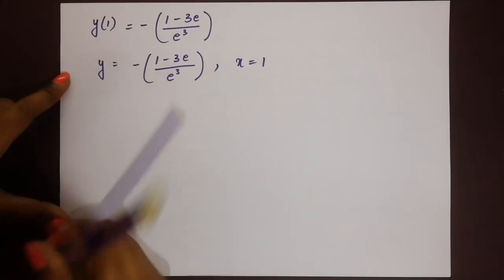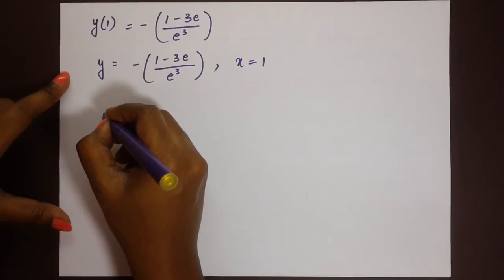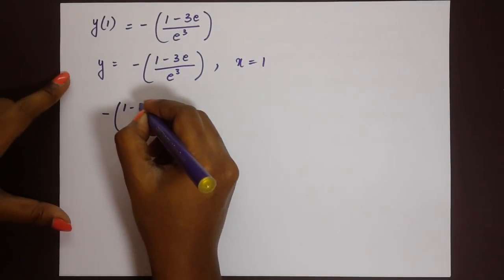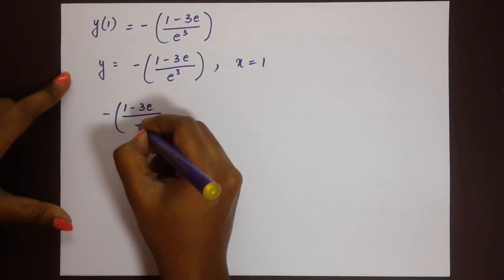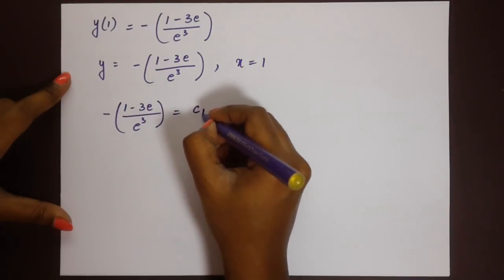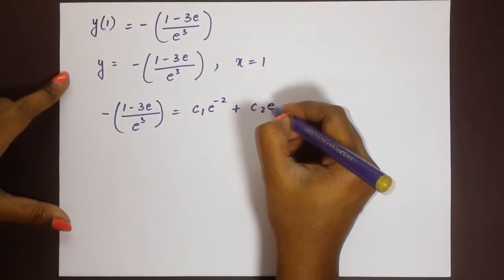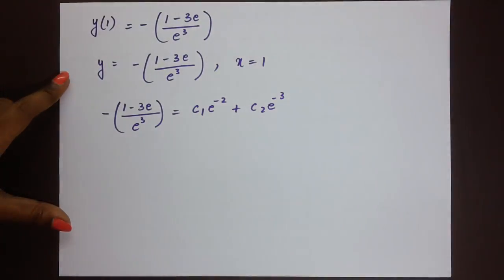Now if you substitute both these values into the general solution, we would obtain minus of 1 minus 3e divided by e cubed is equal to c1 e power minus 2 plus c2 e power minus 3.